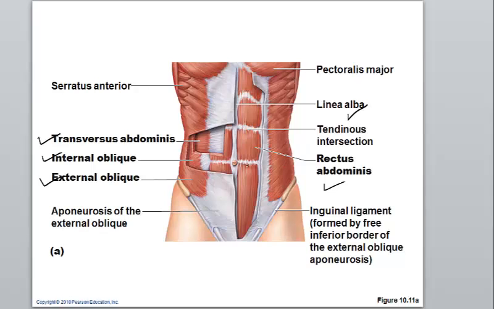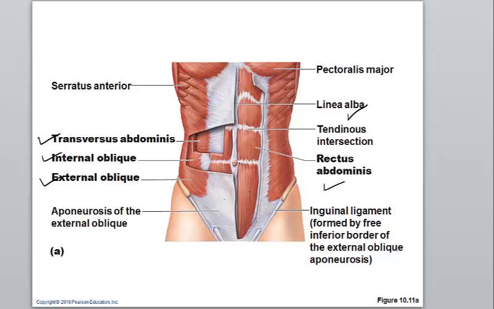So let's start with your rectus abdominis. This is the muscle found right along the midline. On this side it's not seen, but you can see over here, when you remove the aponeurosis of the external oblique, the rectus abdominis underneath it. This is the muscle responsible for the six-pack in your belly.